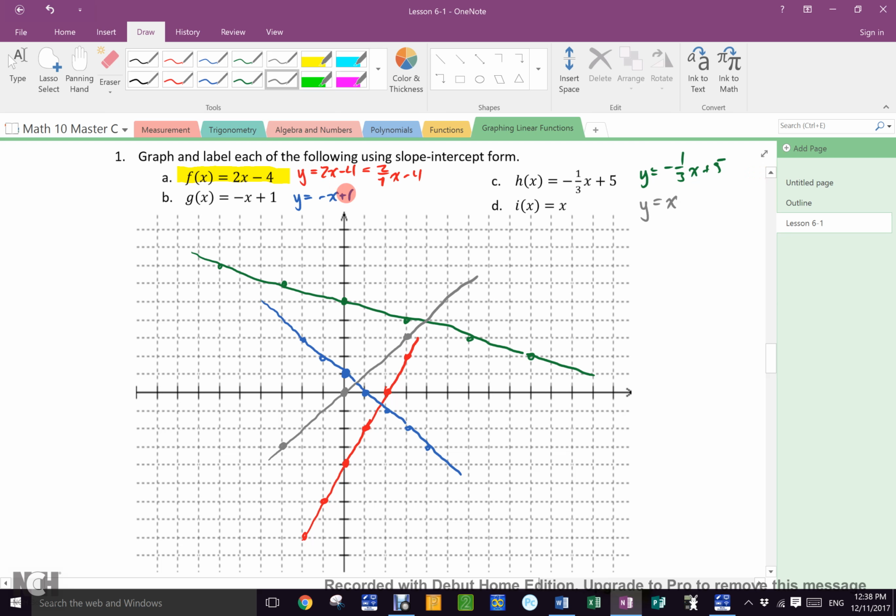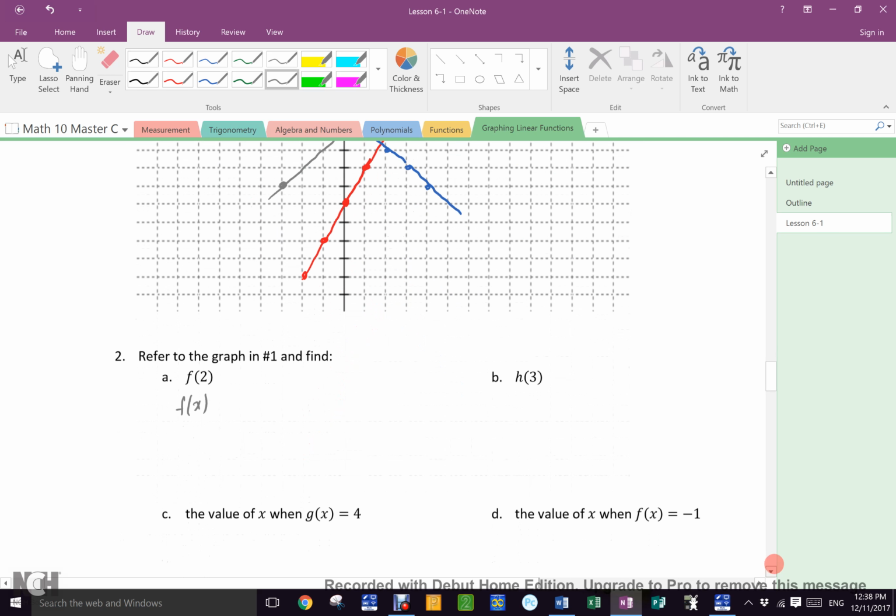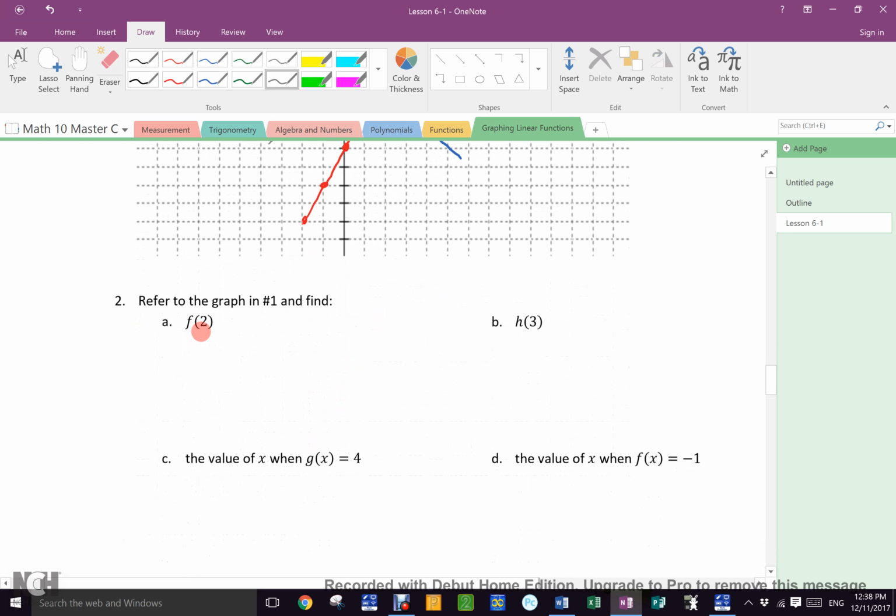The red, the blue, the green, or the gray for f of x? I'm looking at the red line, aren't I? Because the red line says it's f of x. So I must be looking on the red line.